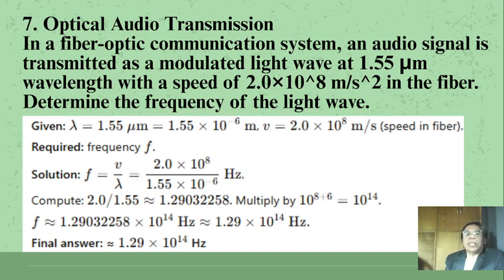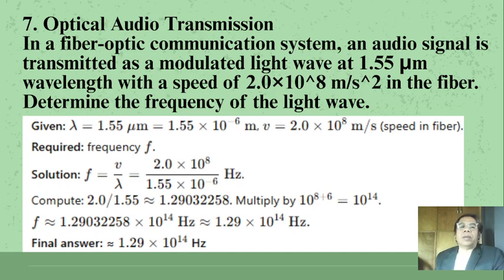Determine the frequency of the light wave. So we're given lambda of 1.55 micrometers, which is equivalent to 1.55 times 10 raised to negative 6 meter. We are given the speed v, 2 times 10 to the 8 meters per second. That's the speed in fiber.